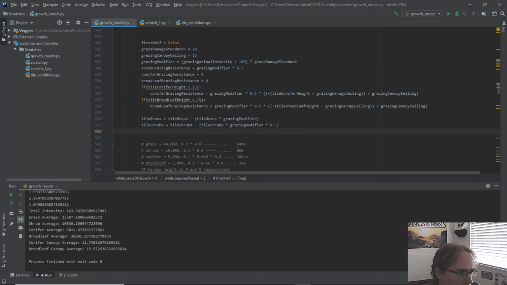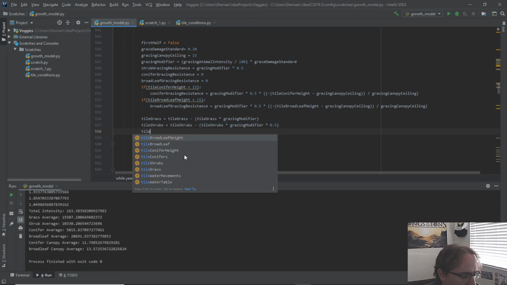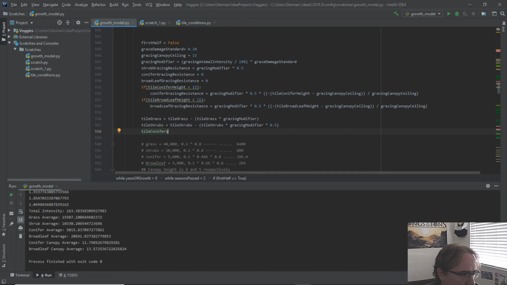Now here is where things get more complex. Tile conifers, graze modifier, now we add in all of this fancy schmancy.